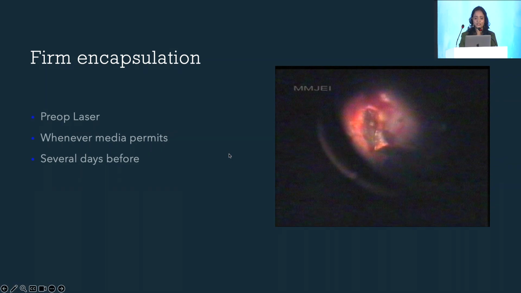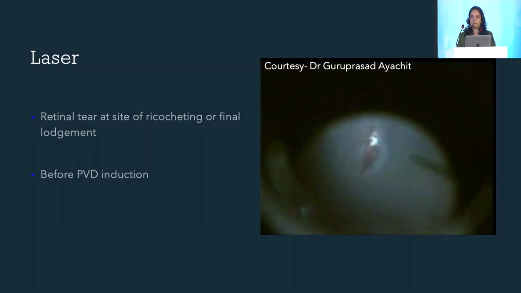These can be notoriously attached, very adherent to the coats and can cause iatrogenic tears and a retina that refuses to settle. So if we are doing a preoperative laser, it has to be done several days prior so that the laser has time to act and take up.